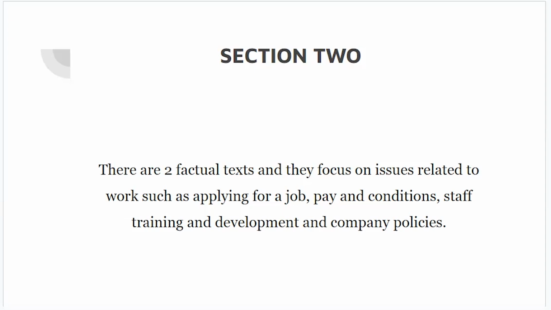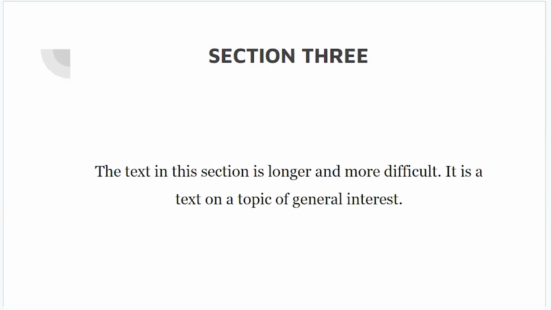So just get to know the difference between academic IELTS reading and general IELTS reading. Section 3 is the text which is longer and more difficult. It is a text on a topic of general interest. It is the hardest part, and you have to go through the entire text, which is a little bit difficult, but you can understand it better through practice.